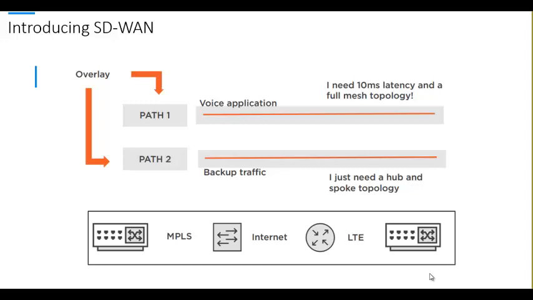There in ACI, the spines are acting as a backbone, as a route reflector, as a switch fabric.